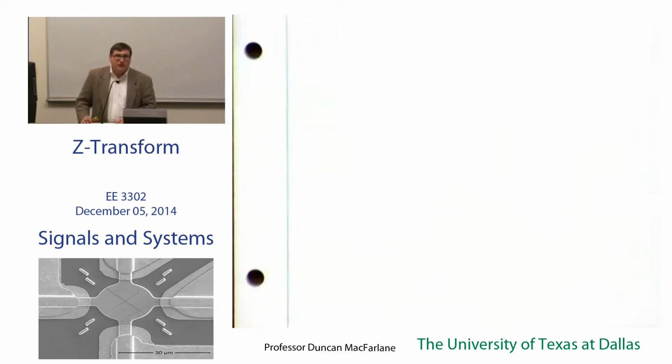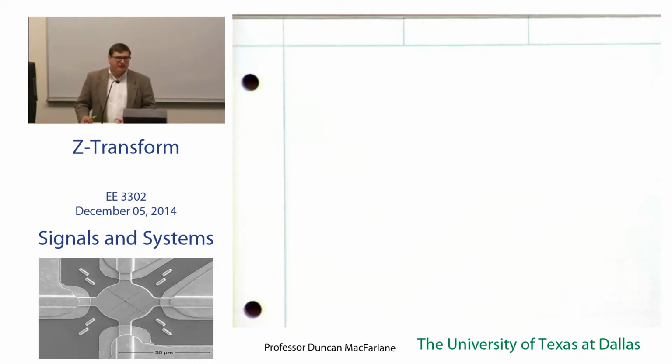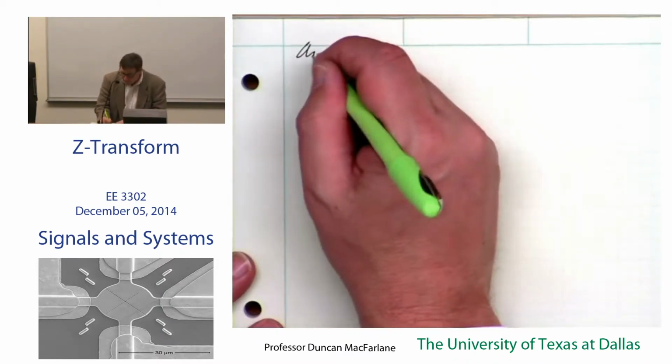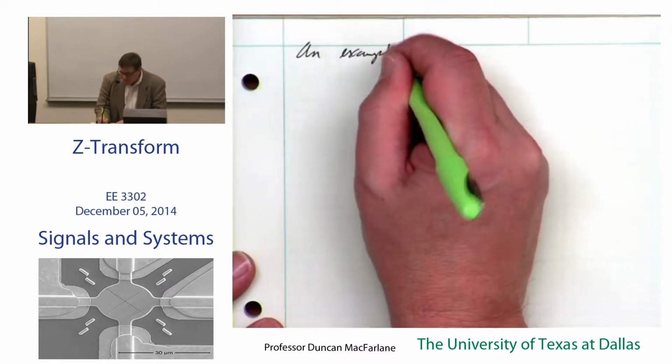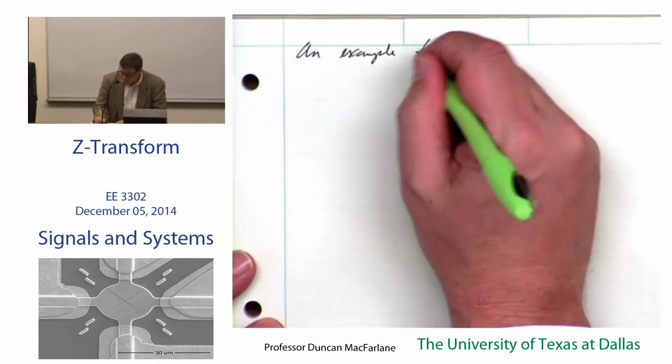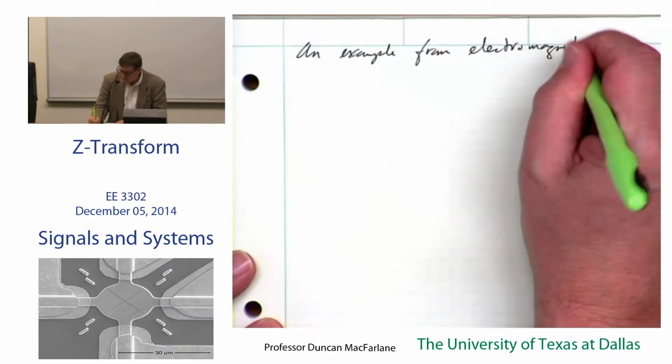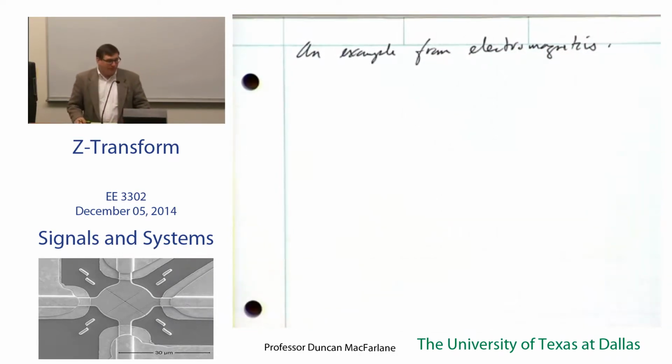I'm going to do one more example. I'm actually going to revisit the last example, the Fibonacci sequence, but I'm going to recast it absolutely completely differently. So this is my last example. And I don't want to scare you. I'll call it an example from electromagnetics.